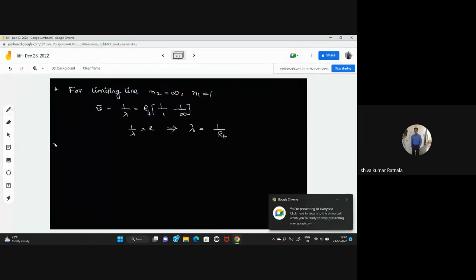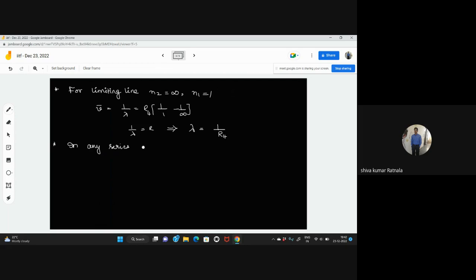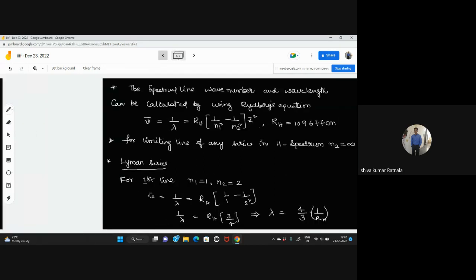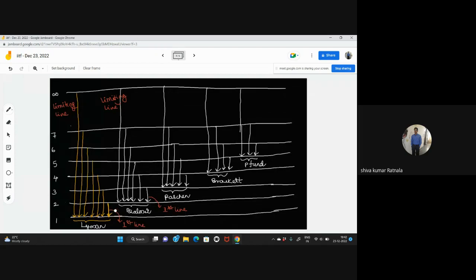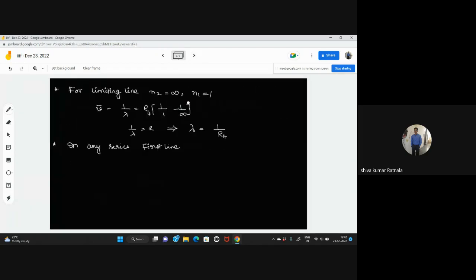That is all I am telling: in any series, the first line is nothing but the shortest line also, we can say. First line, which is also called the shortest line, in any series will have the highest wavelength, right?